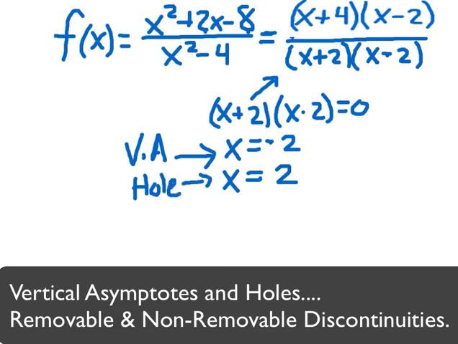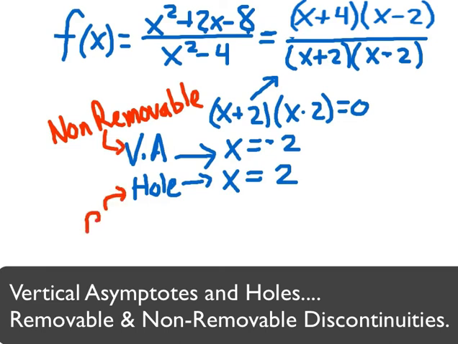Now when we're talking about this, a vertical asymptote is which type of discontinuity? Well, this is a non-removable discontinuity right here, where a hole is a removable discontinuity.